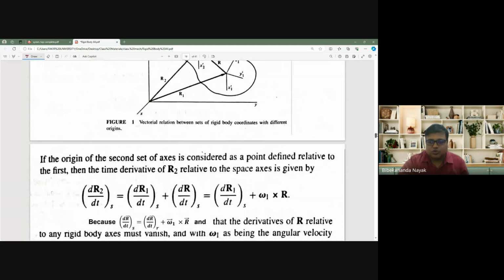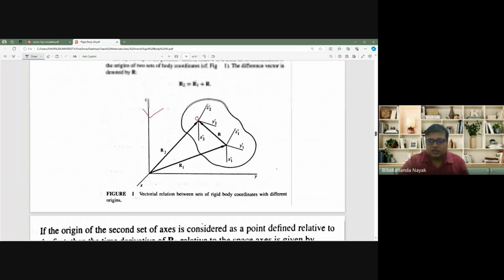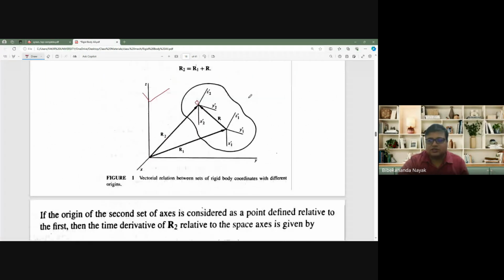Let's say there are 2 points, R1 and R2. This is the position vector of the first point 1, and the position vector of the second point 2. By definition R1 is in this direction, R2 in this direction from this point. We already discussed this in the central force problem.